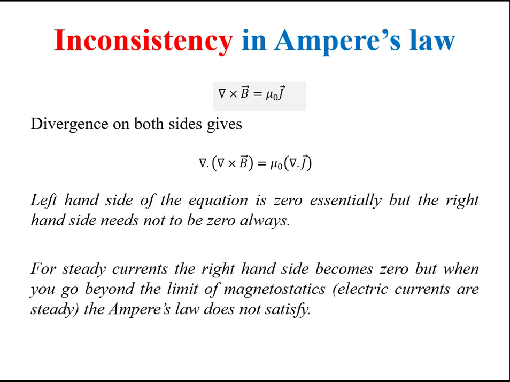But right hand side need not be 0 always. The right hand side of this equation is 0 with steady state currents, but it is not the condition always. If the current is varying with space, then this equation does not hold. It is the mathematical inconsistency in Ampere's law.